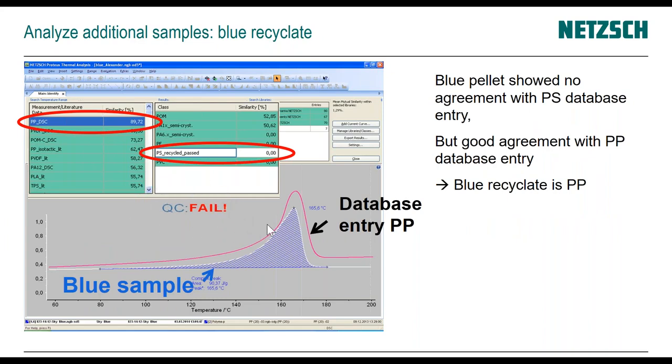So there's no agreement with the polystyrene, which is obvious because it's not an amorphous material here. We have a melting peak, so we have a semicrystalline material, and so we just ran the database against it to identify what material it's most likely to be, and we got a very high agreement with polypropylene. So we know the blue sample is polypropylene.